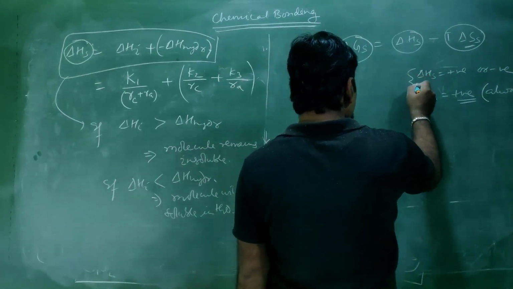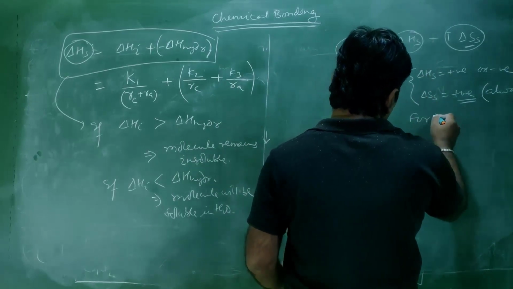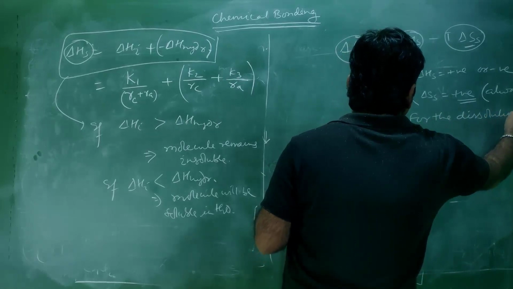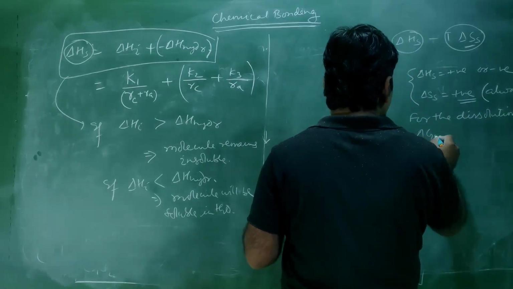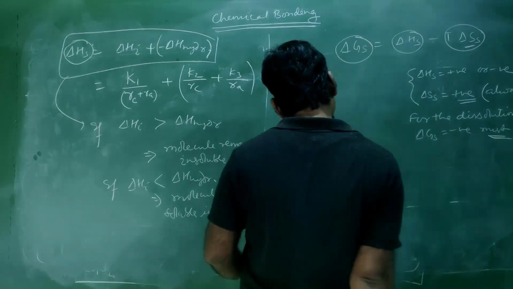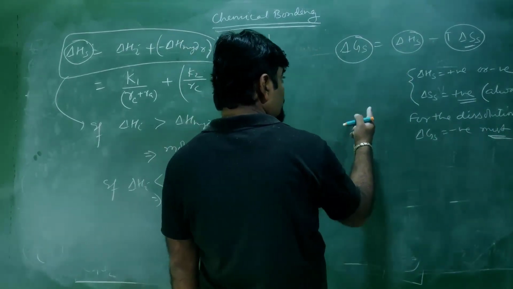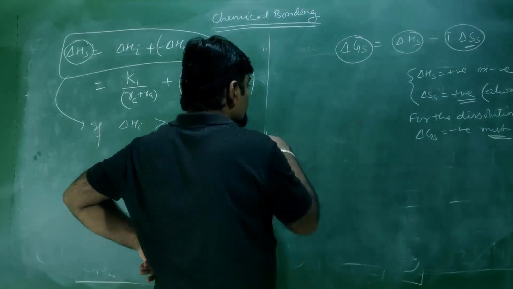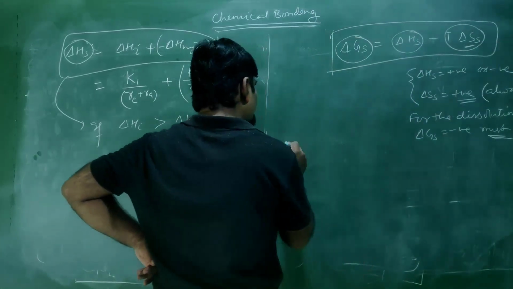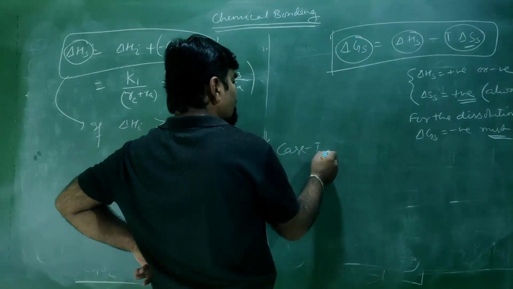And for the dissolution, delta Gs must be negative. Okay, how we can explain? Through this we can explain different cases. Case 1.